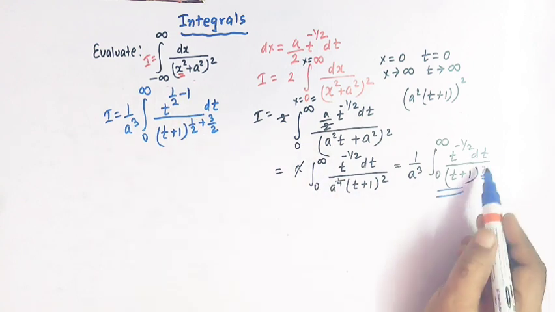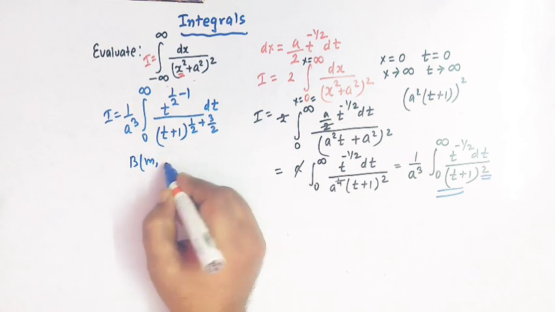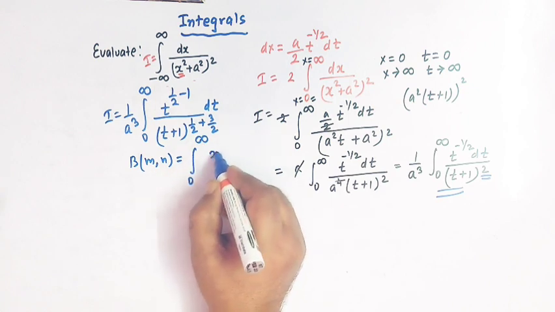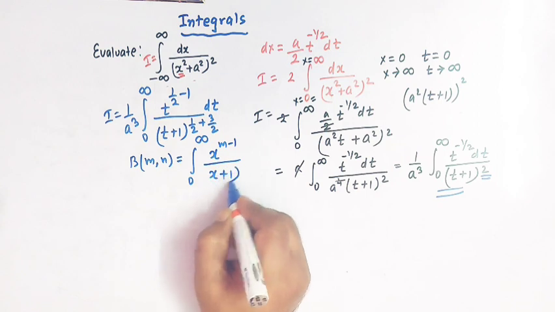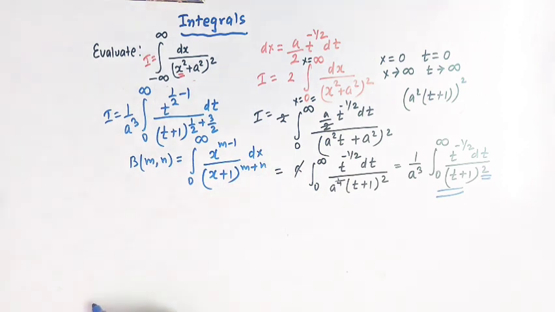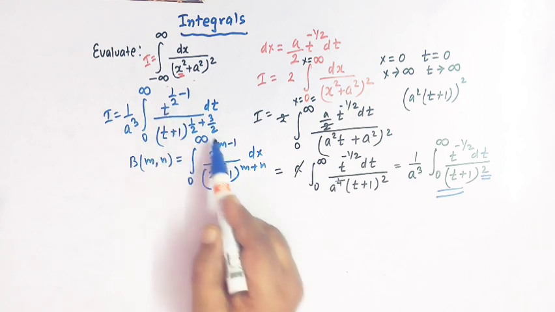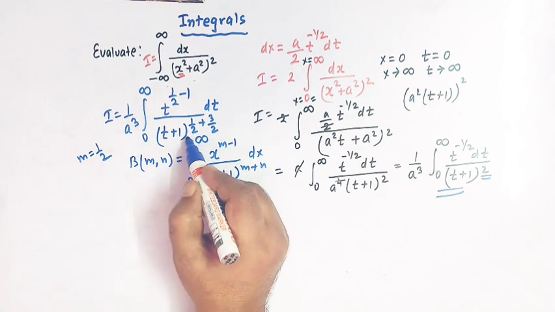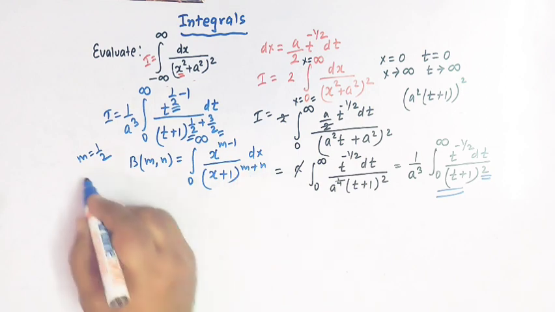So we have expressed this integral like this, because we know that beta(m, n) is given by this integral, that is integral from 0 to infinity of x raised to (m minus 1) divided by (x plus 1) raised to (m plus n), and here we have dx, right? So if we compare this integral with this one, then the value of m is half, and here this is m, this is also m, and n is 3 by 2, right?